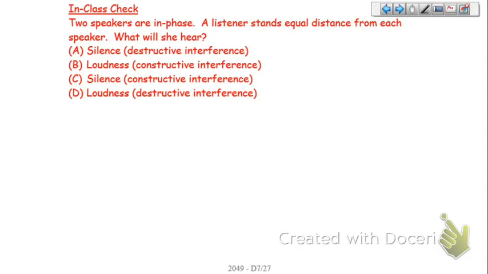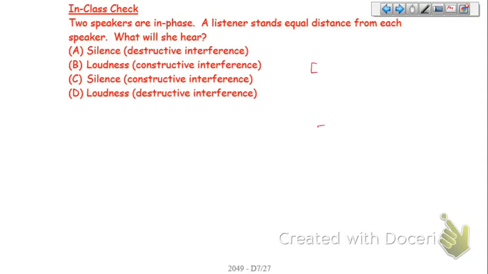Two speakers are in phase. That means they're both pushing and pulling at the same time. A listener stands equal distance from each speaker. What will she hear? Would she hear silence because of destructive interference, or loudness because of constructive, or silence because of constructive, or loudness because of destructive?